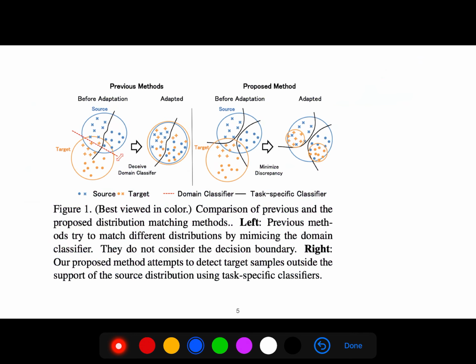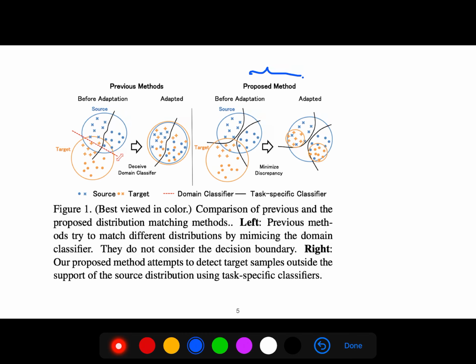So previous methods just try to deceive the domain classifier and neglect the classes. But the proposed method, as you see, has stars together, and circles together. And we also minimize the discrepancy.